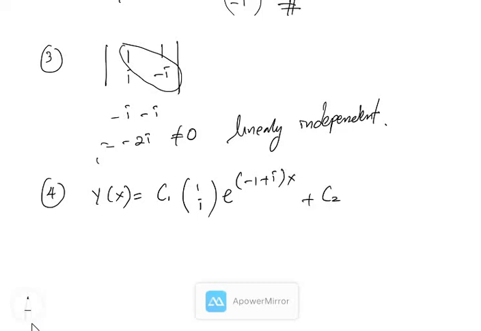And then c2 times 1 and negative i, e^((minus 1 minus i)x). So this eigenvector is the conjugate of the first one.